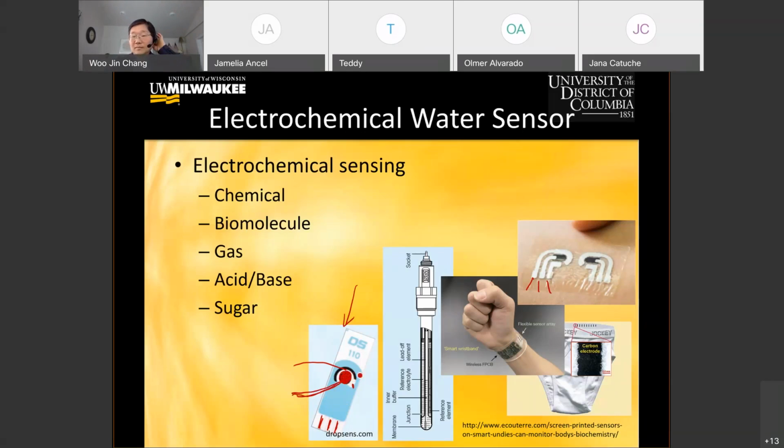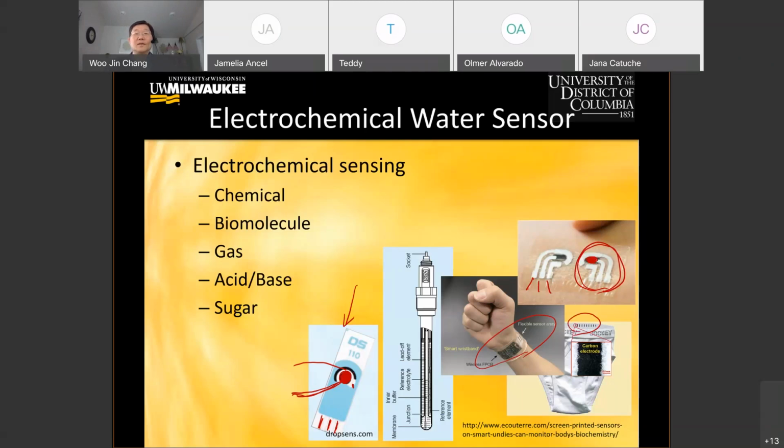So even if the format is the same, we can have different types of electrochemical sensors by changing the material coated to modify the surface of this active electrode. And that is the reason that we can have these flexible sensors and then install these sensors on various materials like cloth and so forth.